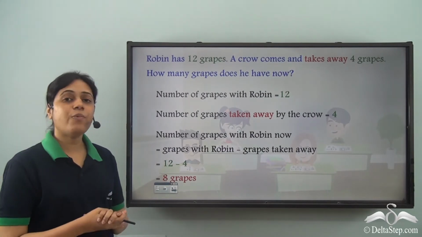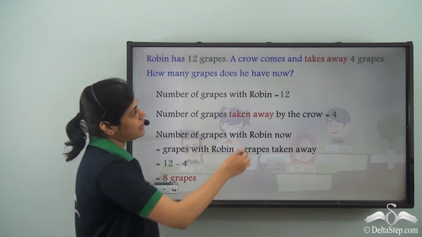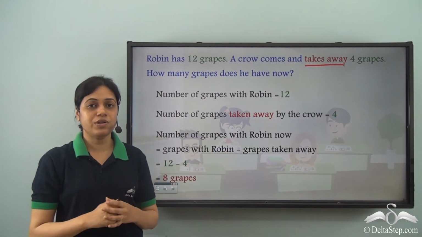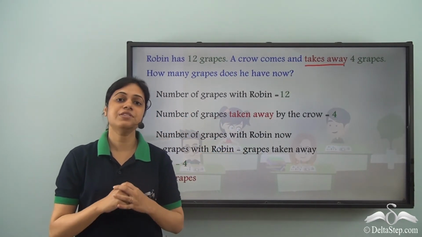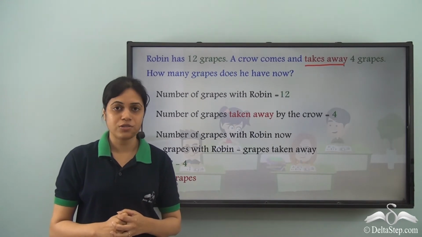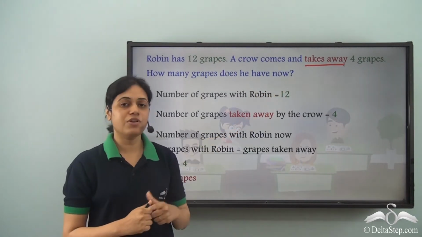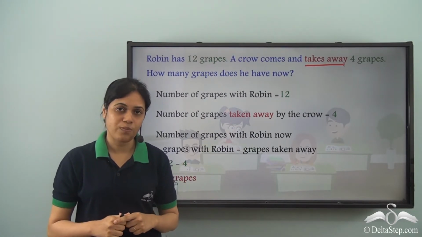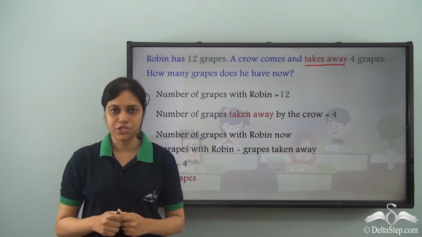Now, an important thing to note here is that these two words, takes away, have actually helped us know whether we need to subtract these numbers or not. So using these words, we came to know that we need to solve this problem using subtraction.